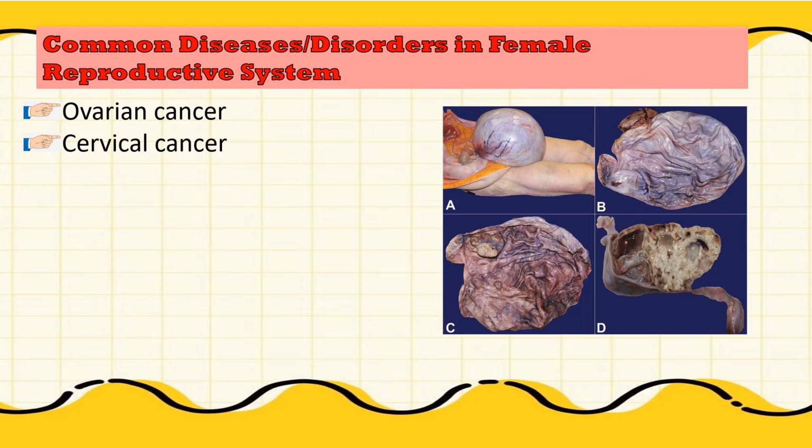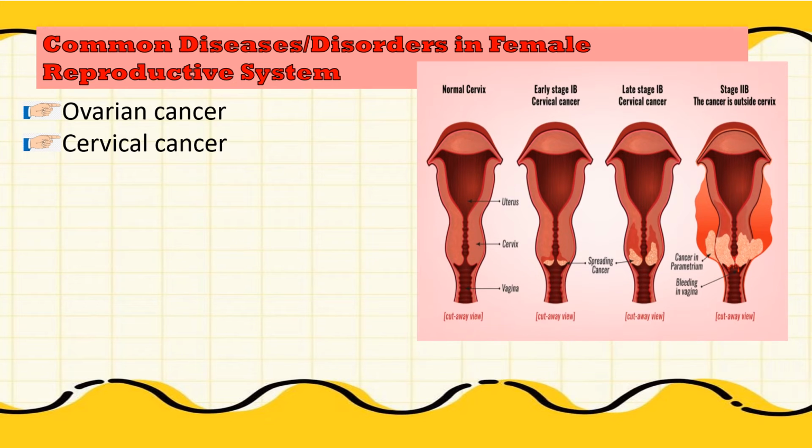Next, we have cervical cancer, a type of cancer that occurs in the cells of the cervix. Various strains of human papilloma virus or HPV, a sexually transmitted infection, play a role in causing most cervical cancer. When exposed to HPV, the body's immune system typically prevents the virus from doing harm.